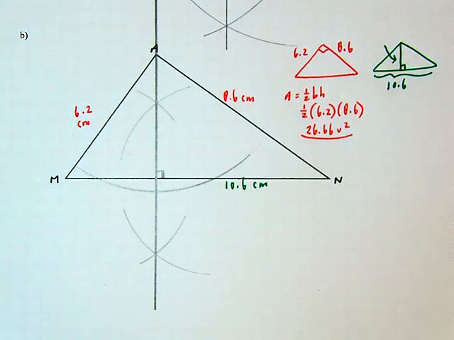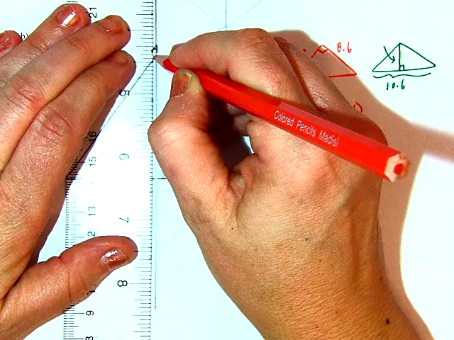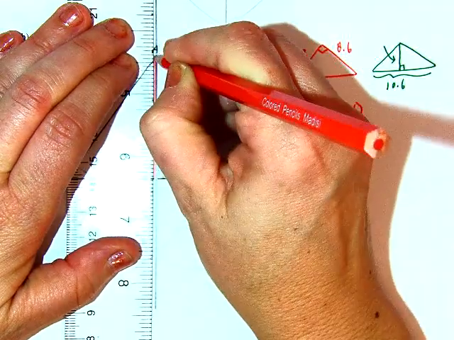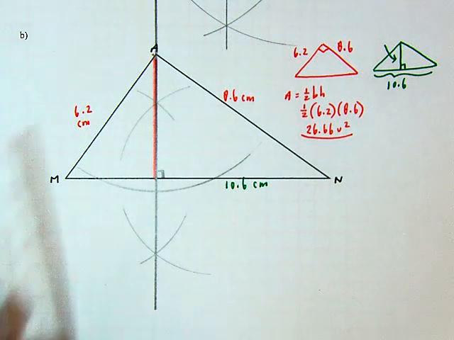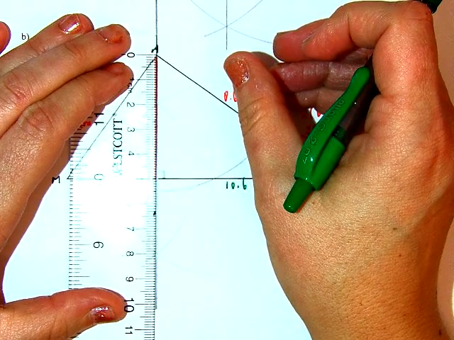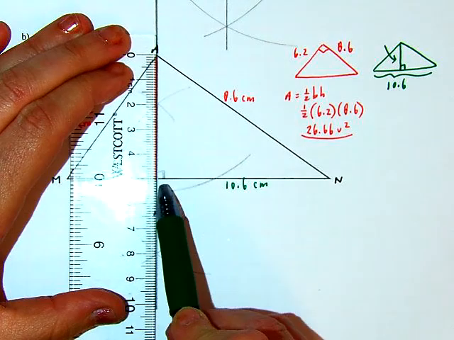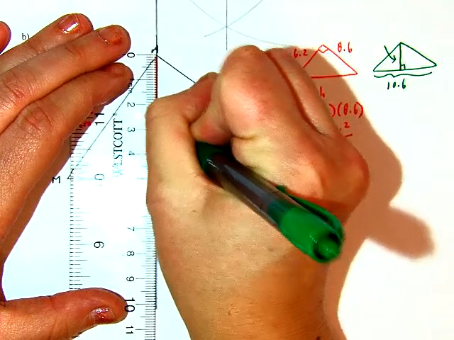Okay, so I want to find the measure of my altitude, which is my height right here. I'm just going to highlight it in red. Okay, so now if I measure it in centimeters, let's see what we get. So from A to my base, that's 5. How nice, that came out clean. So 5 centimeters right there.